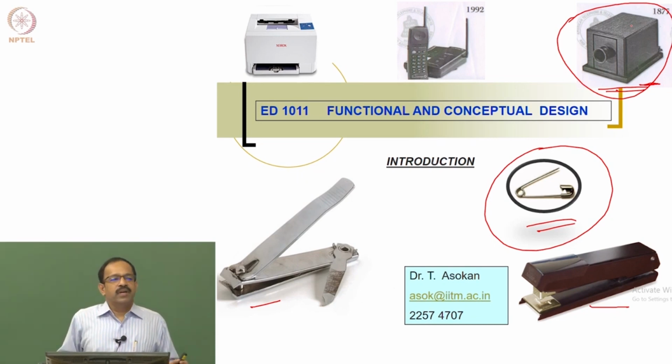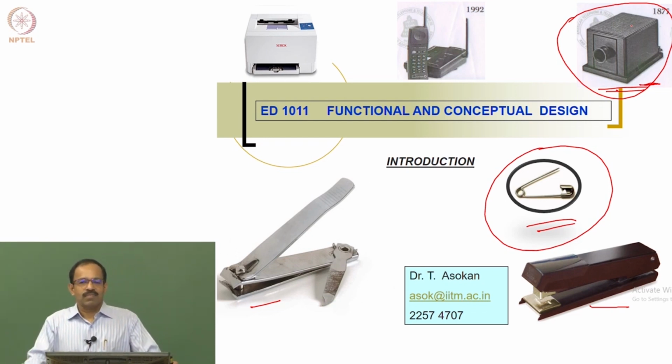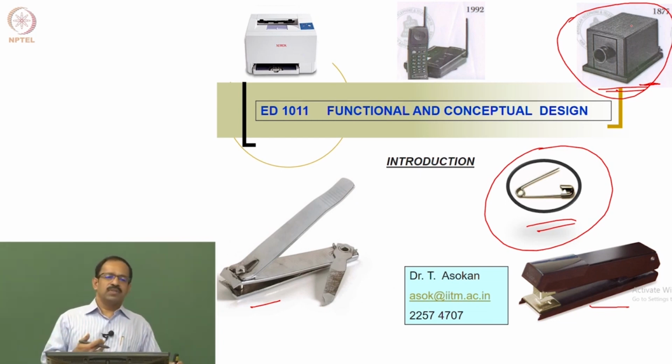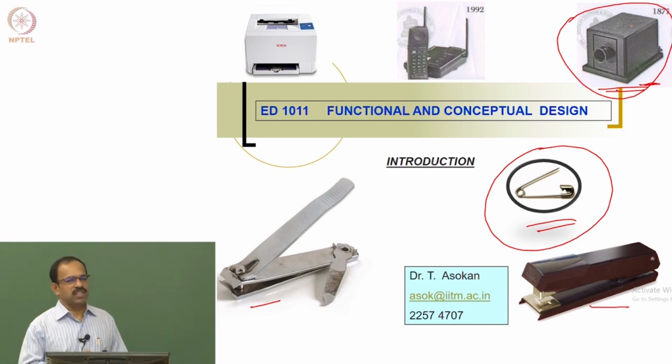But the safety pin remains the same as what it was 100 years ago or 150 years ago. What's the reason? Why does the safety pin remain the same, and why do other products keep changing shape, size, many things?